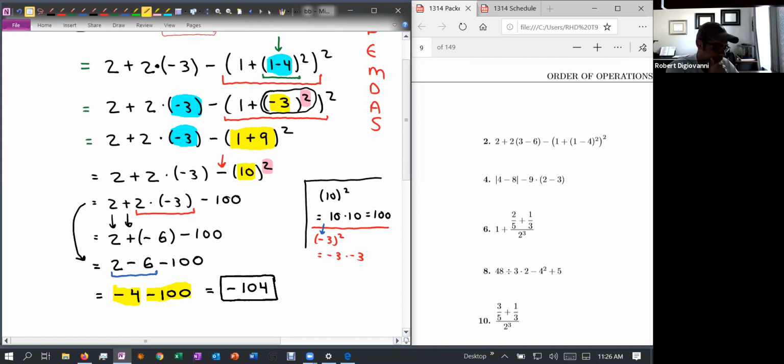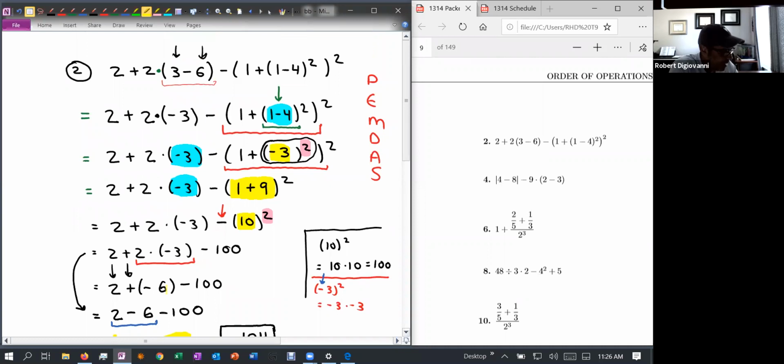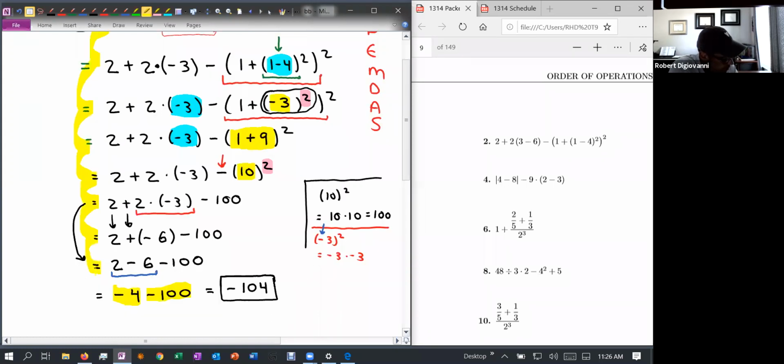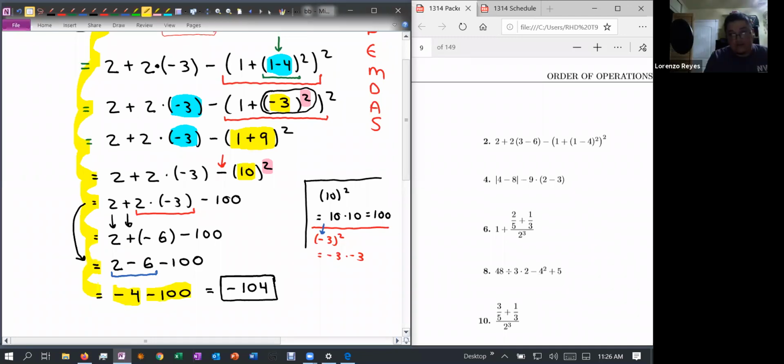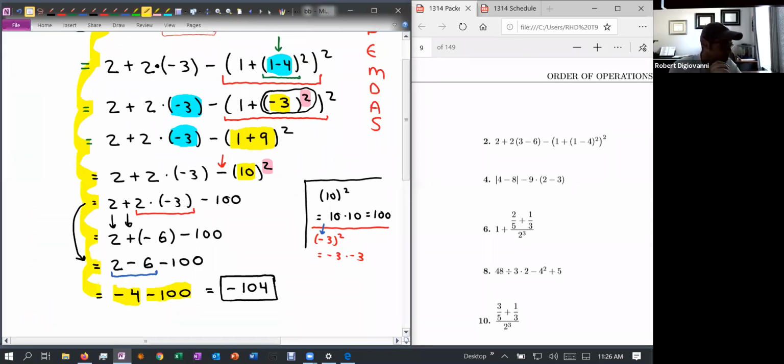All right, so look at that. That problem, to do it step by step, was 1, 2, 3, 4, 5, 6, 7 lines. No wait, hold on, 8 lines. Almost 9 lines, right? But that's the proper way to do it. When you take a test, I want to be able to see all these steps, because if you make a mistake, then it's easy for me to assign partial credit because I can see where your mistake was.